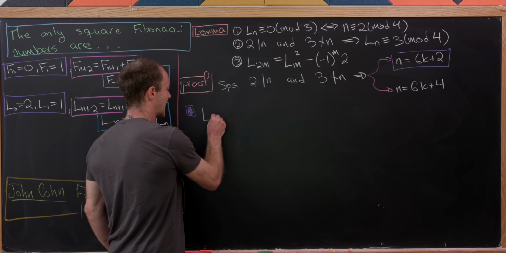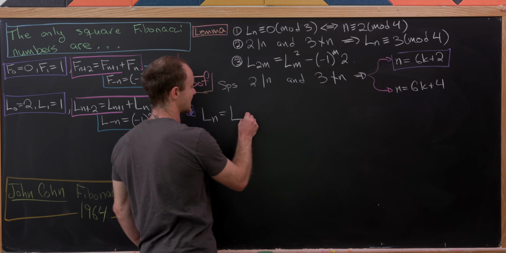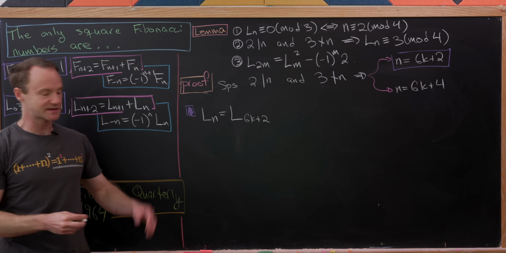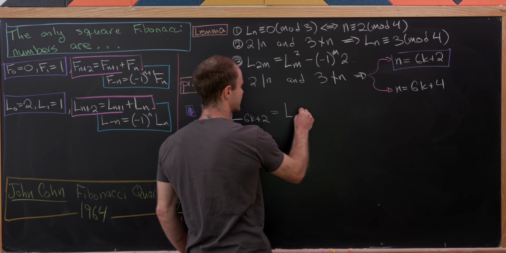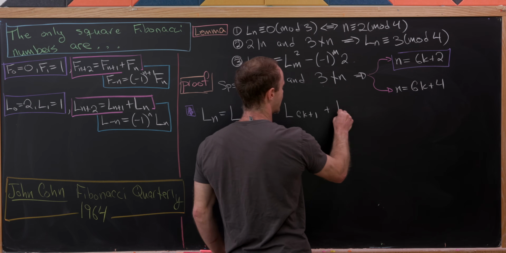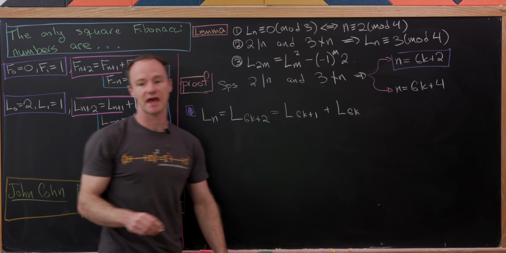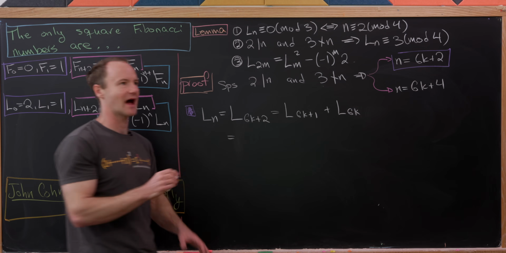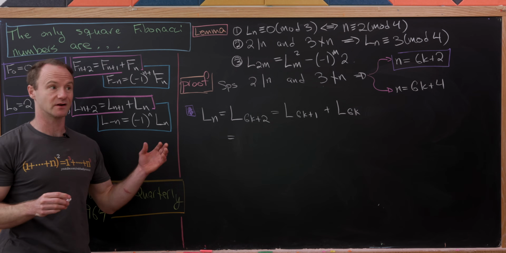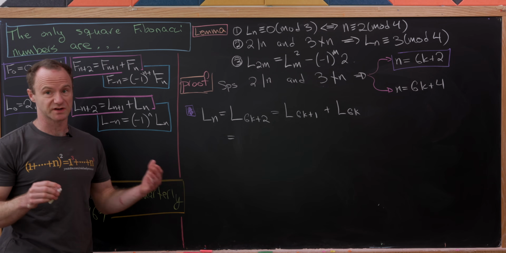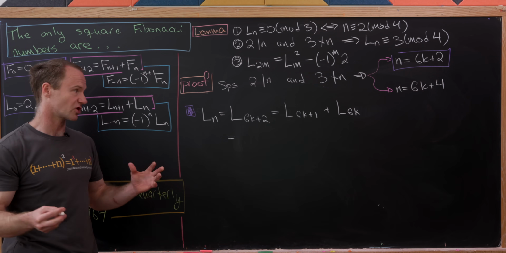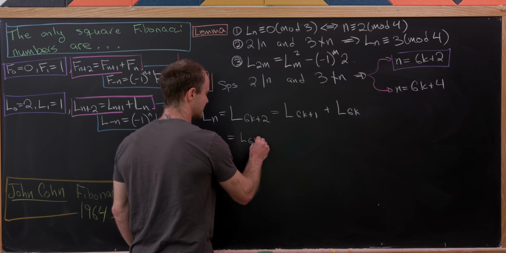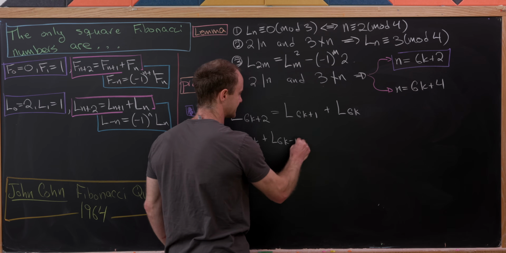Okay, so we've got L sub n in this case is the same thing as L sub 6k plus 2. But now let's apply the recursion to that. That'll give us L sub 6k plus 1 plus L sub 6k. But now we're going to apply the recursion to both of those terms. I think you can see a pattern. We apply the recursion to either all of the terms that are present or some of them to get some sort of structure into our object. Okay, so applying it to this first term, we'll get L sub 6k plus L sub 6k minus 1.